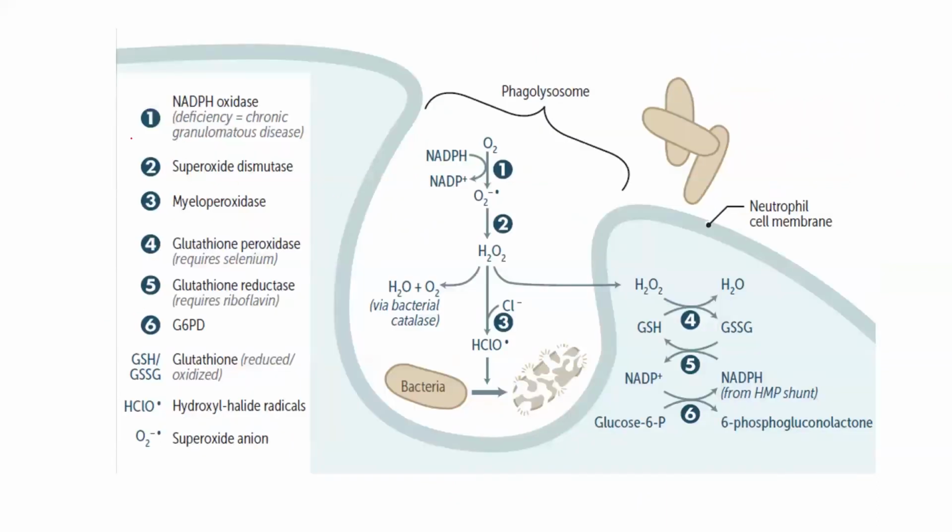Nice. All right. Last but not least is going to be what happens when you phagocytize something in a macrophage or in a neutrophil. And this one specifically is mainly neutrophils, but this is the classic pathway where you can have deficiencies, and this is called your oxidative burst.